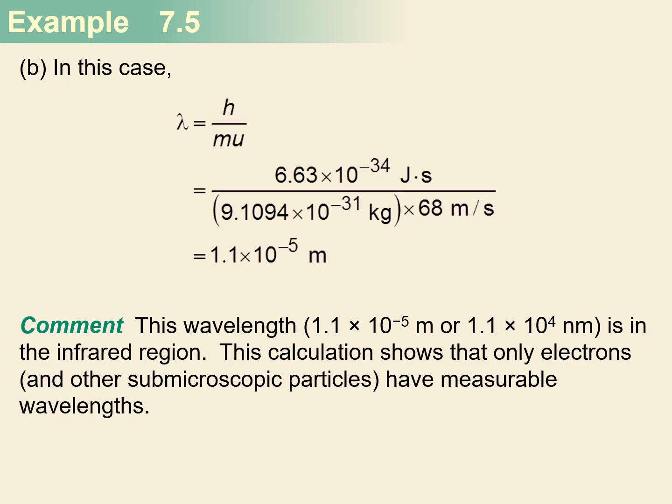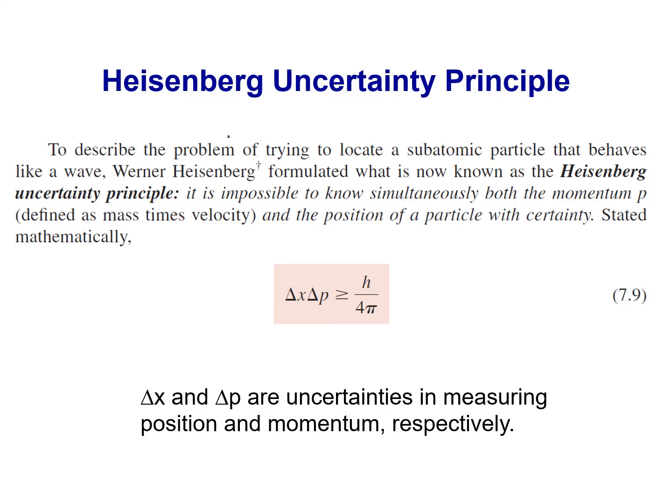Sneak preview, we're going to pick up next time with the Heisenberg uncertainty principle, which is a formula that describes mathematically that it is impossible to know simultaneously both the momentum, which is defined as mass times velocity, and the position of a particle, such as an electron, with certainty.